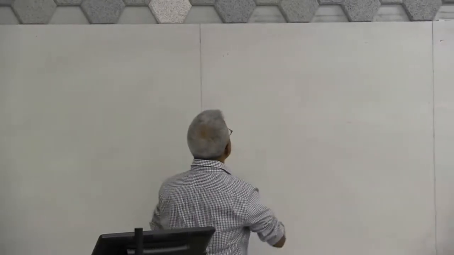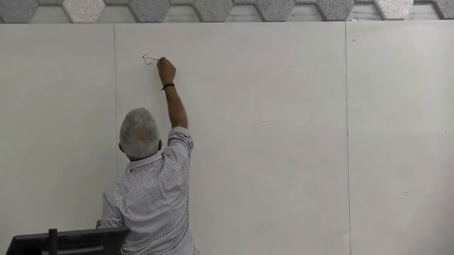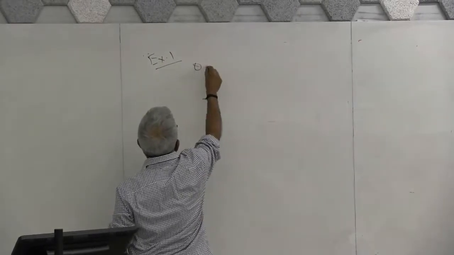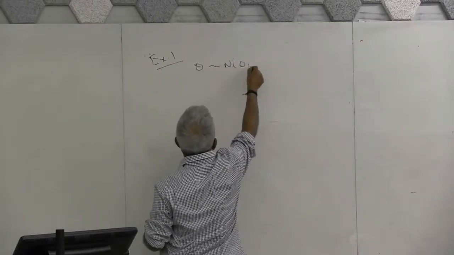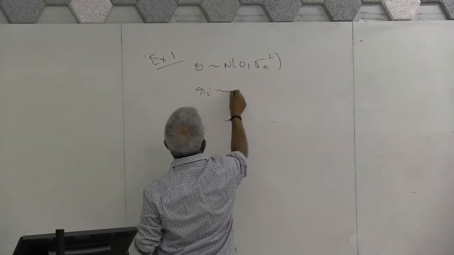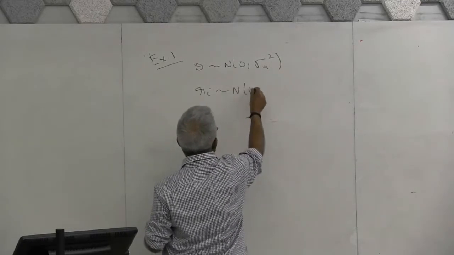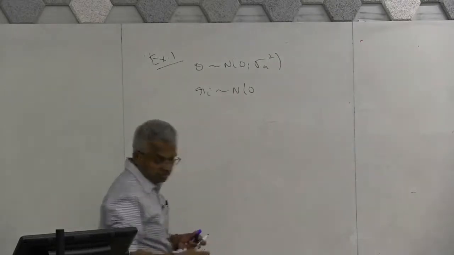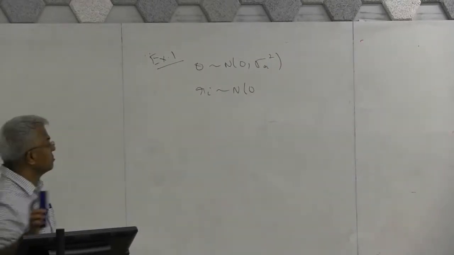Let's say all the data are Gaussian, okay. So theta is Gaussian with some variance. All the Ri's are Gaussian, and I'll use the same model you have.